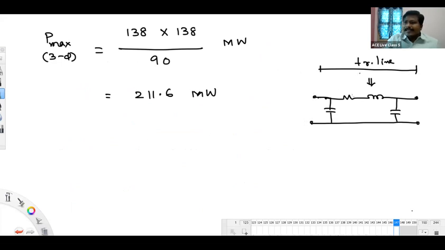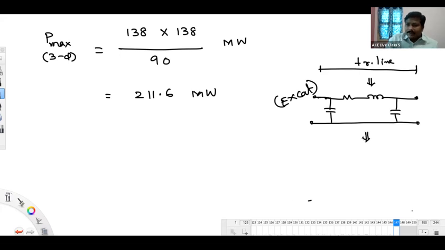Is it an exact model of the line? Is it an exact model of the transmission line or not? Yes, it's almost exact, you can write approximately exact.